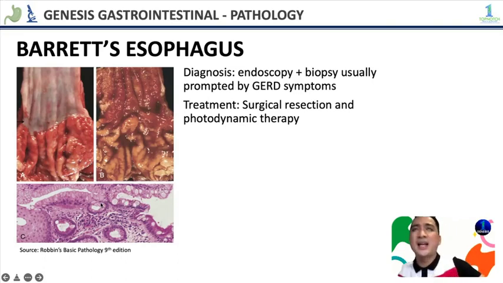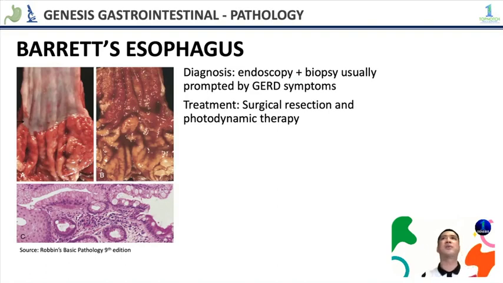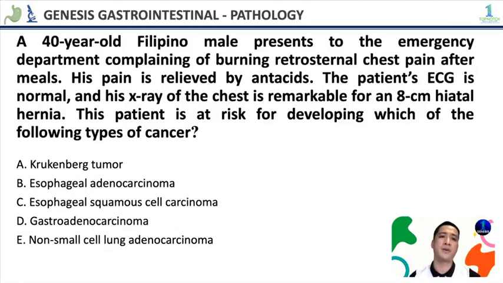And that is how you diagnose Barrett's esophagus: endoscopic findings together with biopsy, usually prompted by GERD symptoms. The treatment, aside from medical, is surgical resection and photodynamic therapy.